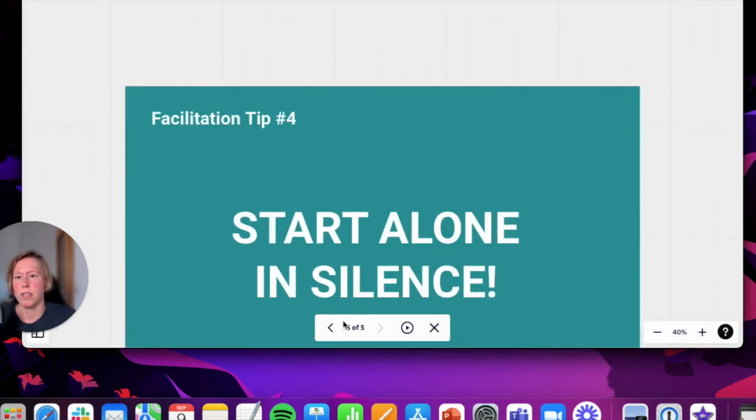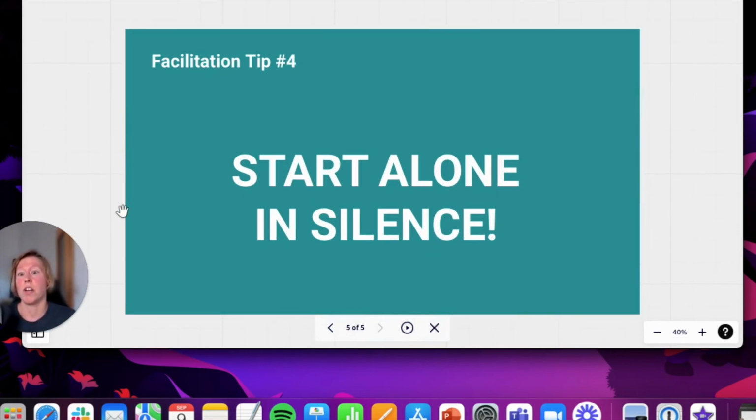And the last one is start alone in silence. This is so important, to not get too rambling, to talking, but just everyone to have a few minutes to themselves, pump their ideas out, not think too much about it. Don't be influenced by any other person, but just write out their ideas, and then we can move forward.